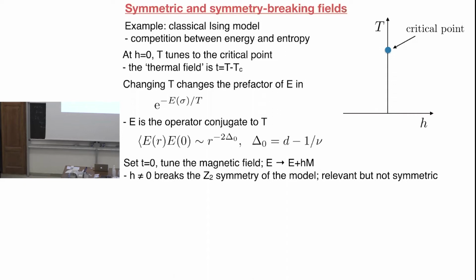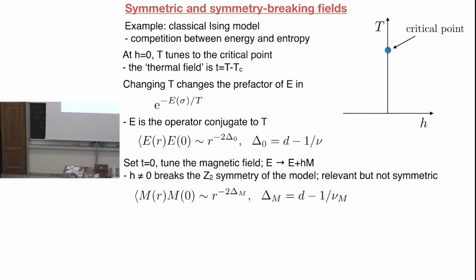So then we set T to 0 and just add the magnetic field, in a way similar to what I just discussed. But this breaks the symmetry of the model. So this perturbation will be relevant, but it's not symmetric. This we heard about today as well, in a slightly different, more precise language, I'm sure.